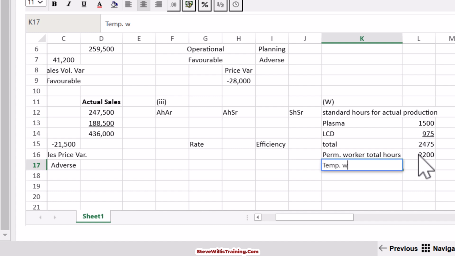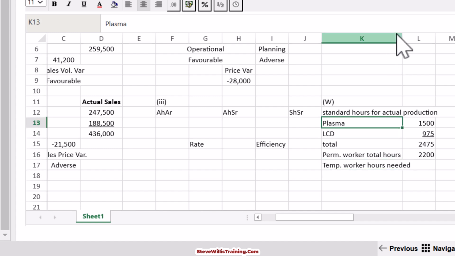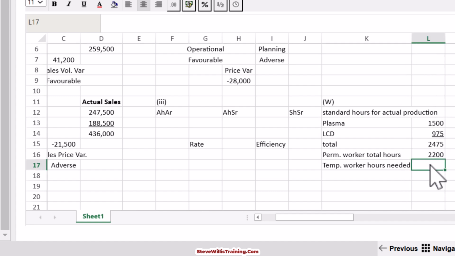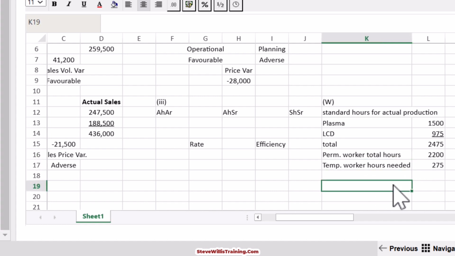So the temp worker hours needed, and that will be the difference, equals this one minus this one. Okay, so 275. And they told us in the story these variances only relate to the temporary workforce.